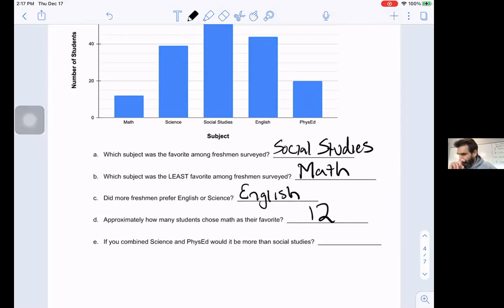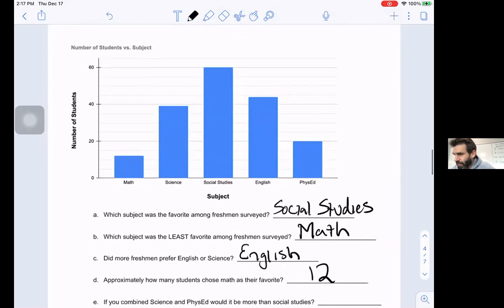If you combine science and phys ed, would it be more than social studies? Okay, well, social studies has 60 here, right? The number of students that had social studies as their favorite was 60. And now we need to combine science. I'm going to call this, it's almost 40. I'm going to call that 39.